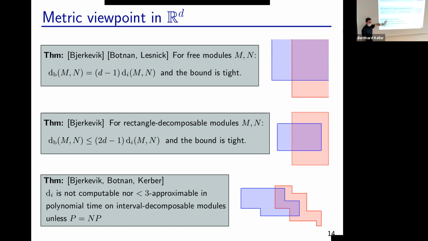So that's a result for computer scientists in the room. Basically, in polynomial time, you cannot approximate the interleaving distance by a factor greater than 3 if P is different from NP. Okay, so this is very bad news because first of all, we don't really have decomposition theorems that are useful, and then our notion of distance, although well defined, is not computable.